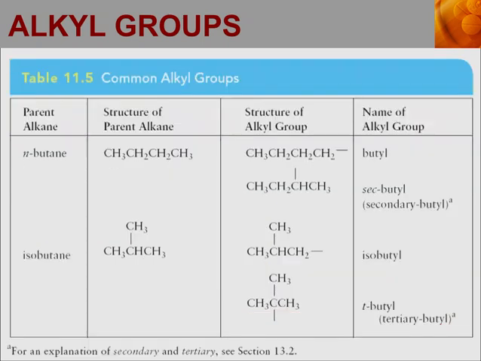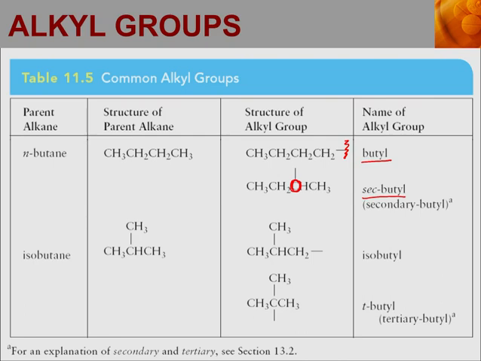Now, it does get even more complex as we add more carbons onto these alkyl groups. So for instance, if we have 4 carbons on the alkyl group, if it's connected at the very end, it's just butyl. But if it's connected on one of these middle carbons, it's called sec-butyl.